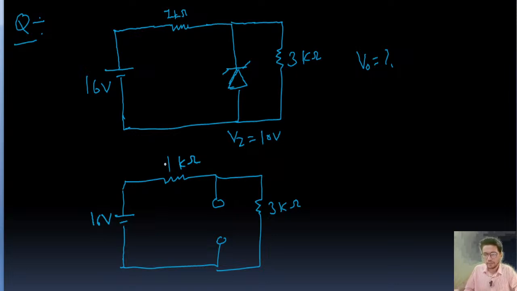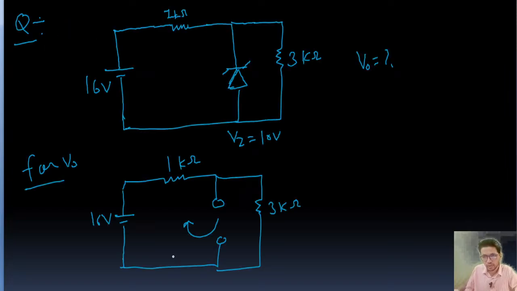So removing the diode, because I have already explained it earlier, for V naught we have removed the diode, and this became the circuit, now I'm writing directly. Now in this circuit we'll use KVL.